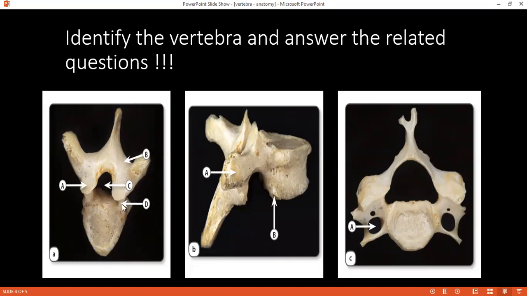Okay. What is D? In the first one, B is lamina. D is pedicle. Okay, in the C picture, what passes through A?